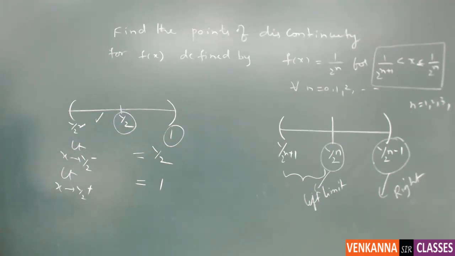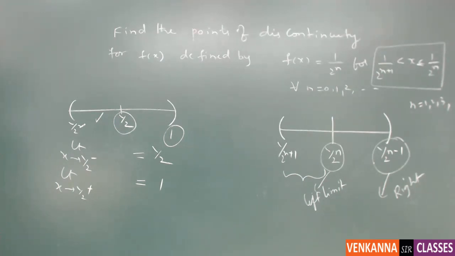So how many such points are there? You are actually counting there. In this way, the points of discontinuity are given by 1 by 2 power n.